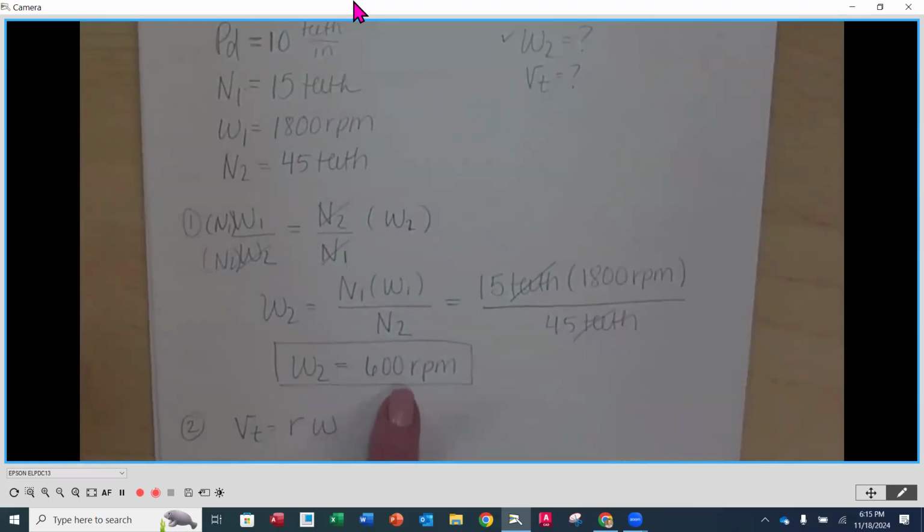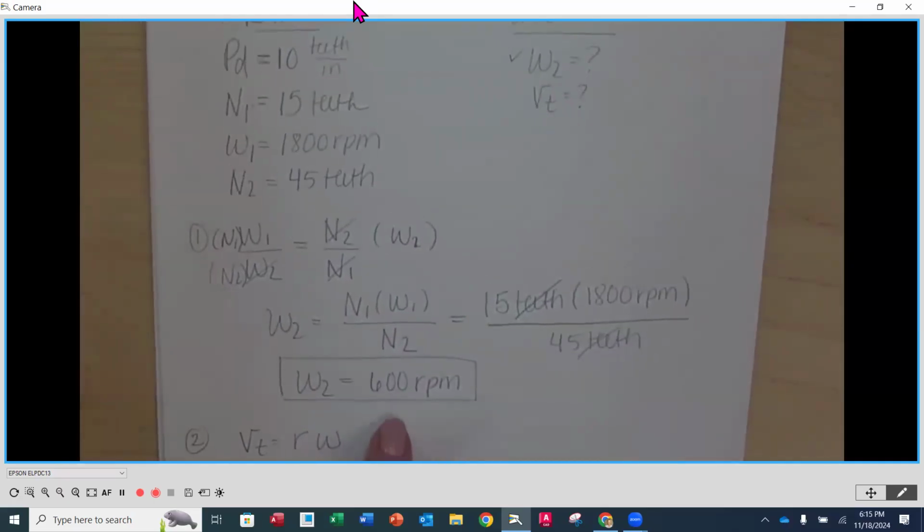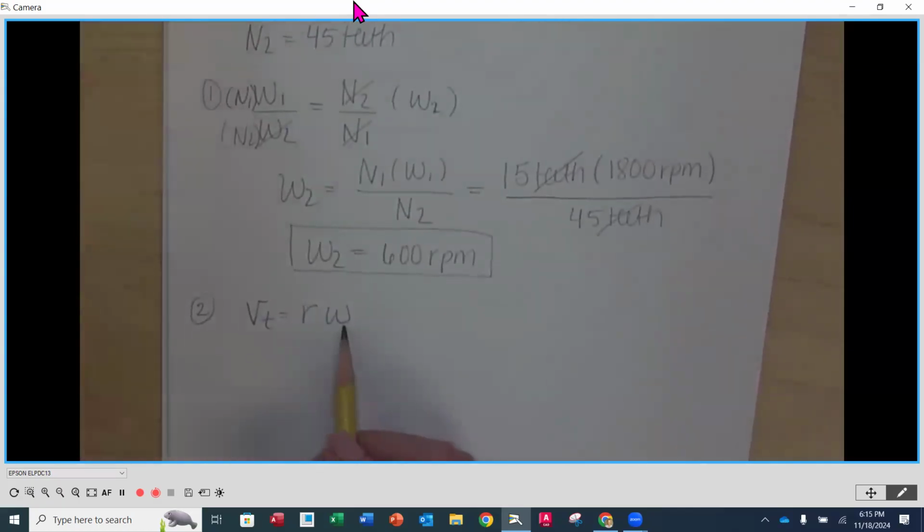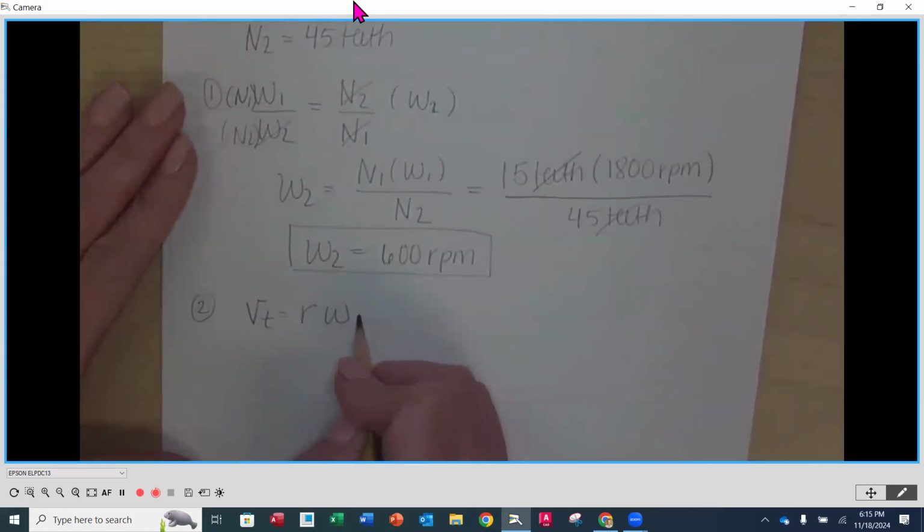In the event we calculated W2 wrong, now all of a sudden we're then going to induce that error in the next part. So we're going to take the angular velocity of the pinion, which means that we have to use the radius of the pinion. You cannot mix and match 2s and 1s here, okay?